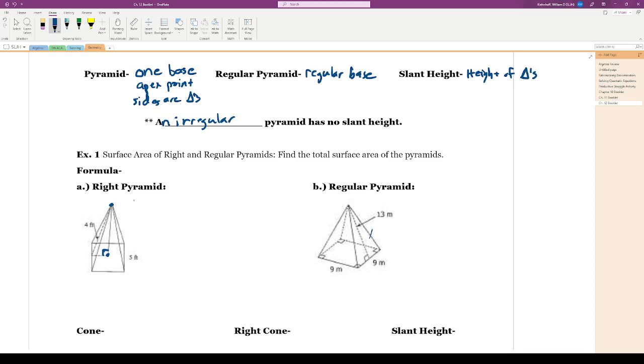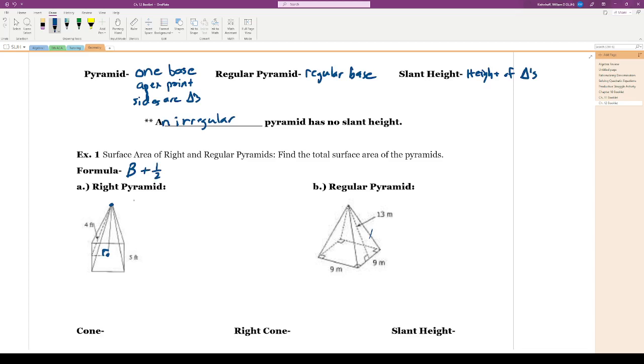So our formula for finding surface area, again, I don't really love formulas. The idea of total surface area is just adding up all the surfaces. So one of our surfaces is the base. So we use B to represent the area of the base. All of our lateral faces are triangles, and we know that triangles are 1/2 of their base times their height.